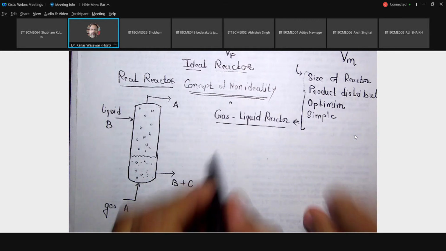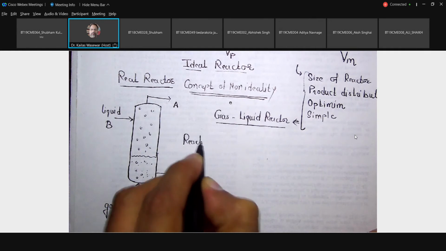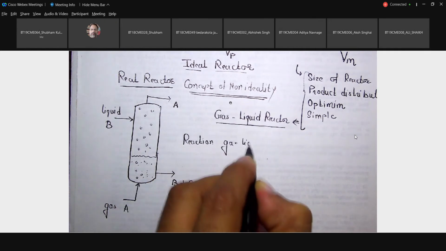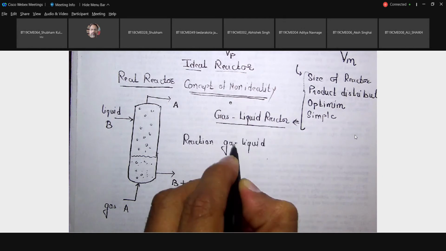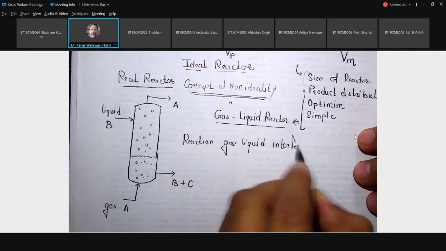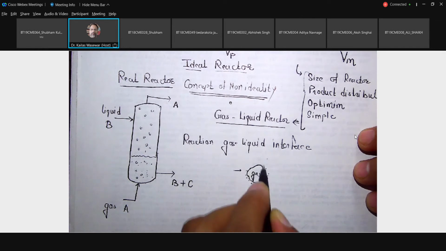That means the reaction will be at the gas liquid interface. Suppose this is your bubble, gas. So here will be the liquid. So the reaction will be taking place at the interface.